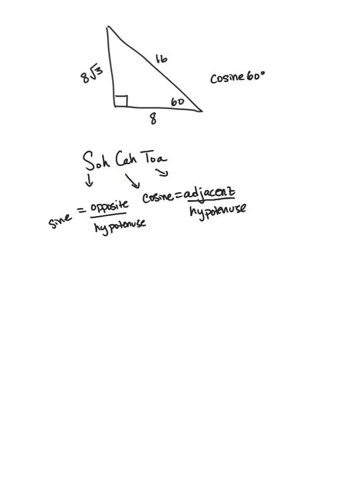And then the last one is tangent, which is opposite over adjacent. So it's the only one that does not have the hypotenuse involved. You can remember these by SOHCAHTOA. Now on your calculator, you will see sin, cos, and tan. You're going to need your calculator all week, and you're going to have to be in degree mode.